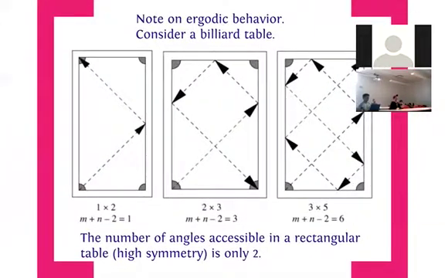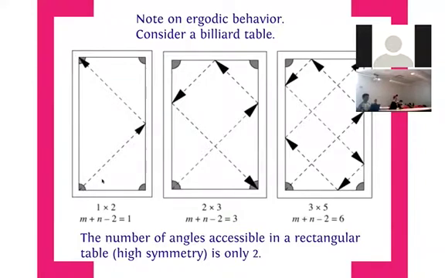Now, one last note on the ergodic behavior. It's important to understand that ergodic behavior of light is very common. And the way to think about this is, let's think about very simple shapes, for instance, like a billiard table. So if you consider a rectangular billiards table as shown here, the billiard ball, let's say, falls like that.